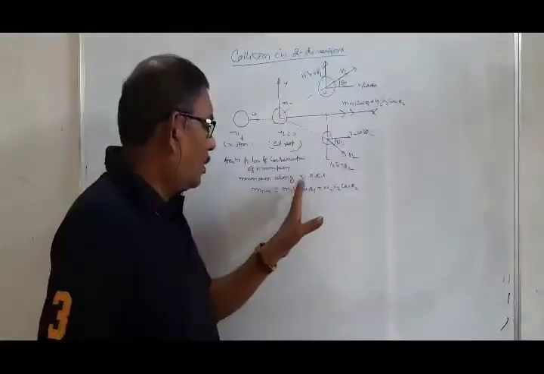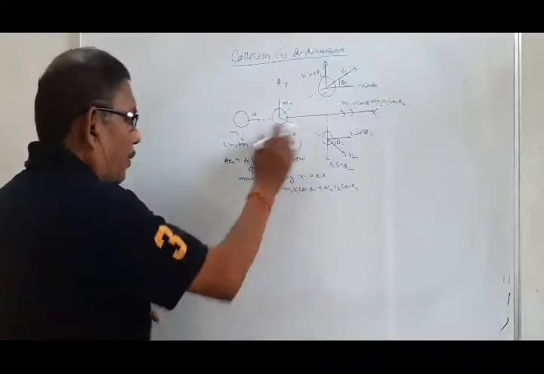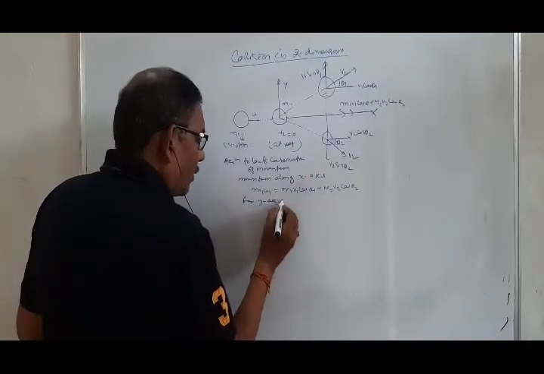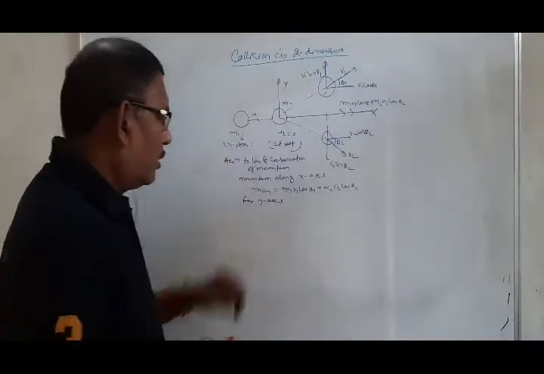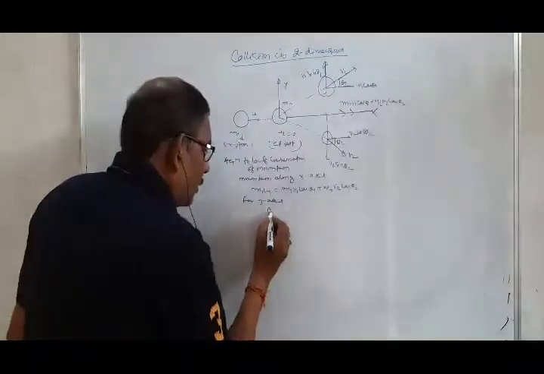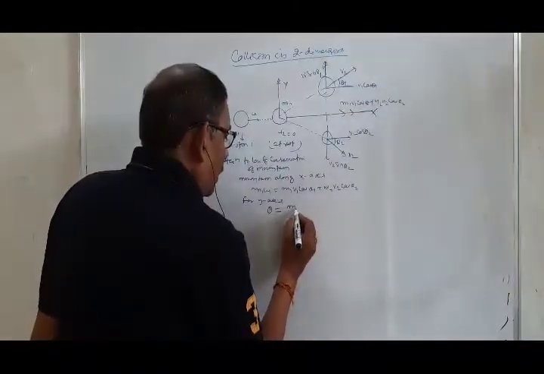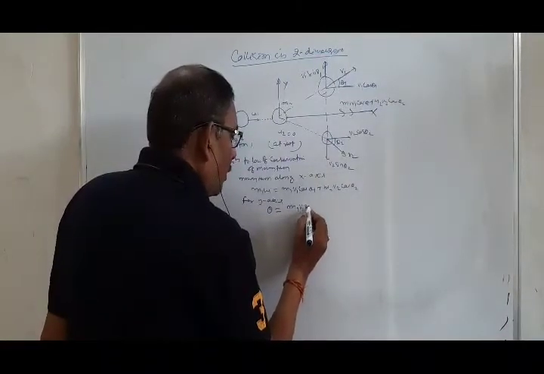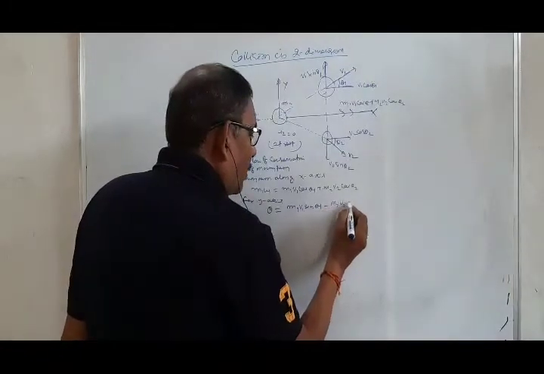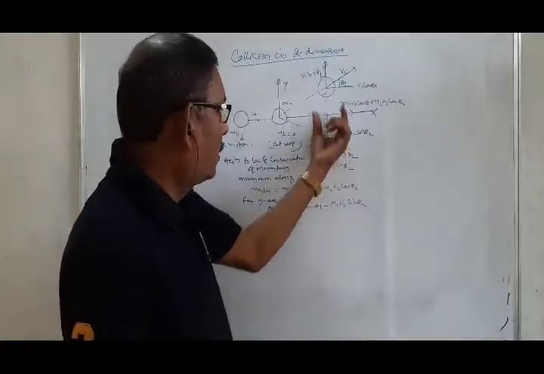For the y axis, the total momentum before collision of the system is 0, but after collision it is m1 v1 sin theta 1 minus m2 v2 sin theta 2, because this component is below the axis.